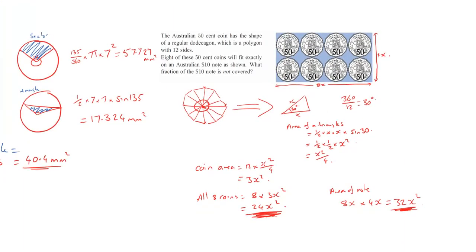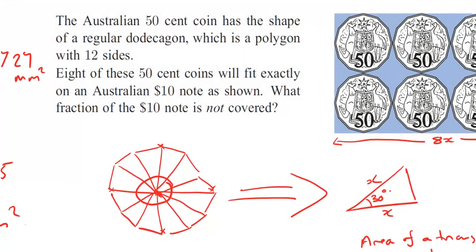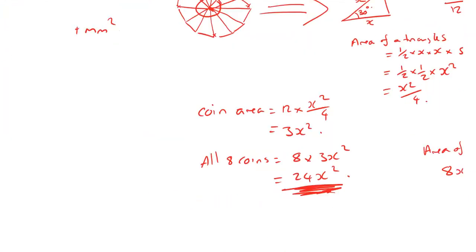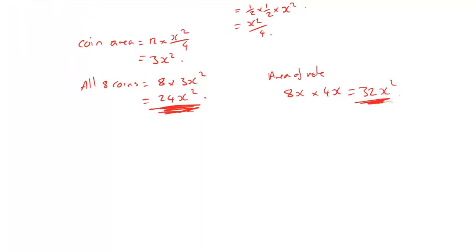Now let's go back to the question and read it very carefully to find out exactly what we're looking for. We're asked to find what fraction of the $10 note is not covered. So if we have our note area of 32x squared, and we take away the area that's covered by the coins, which is 24x squared, this is going to leave us with the area that is not covered.